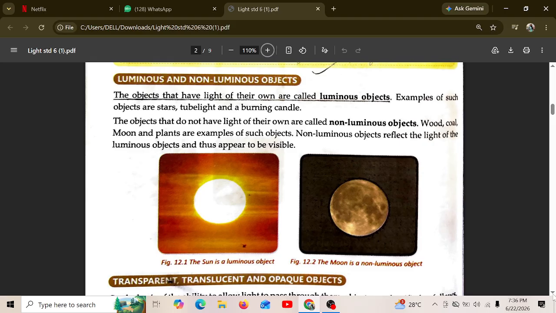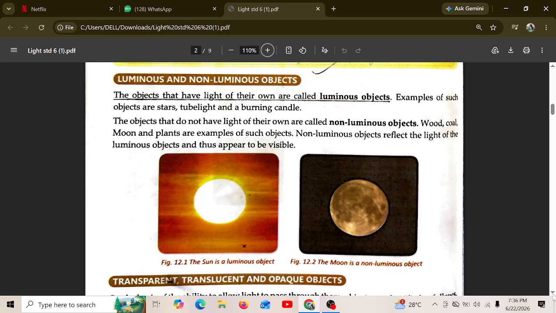So a luminous object refers to all the objects which have their own light. For example, star, tube light, candles, etc. And the objects which do not have their own light but reflect some luminous object's light are known as non-luminous objects. For example, coal, moon, plants, etc. Any other object?